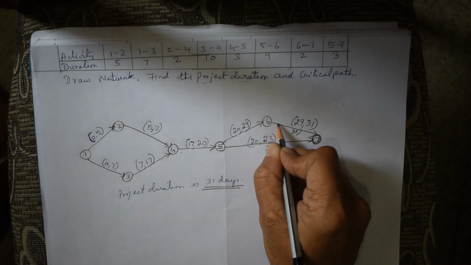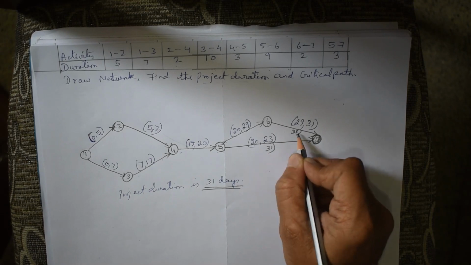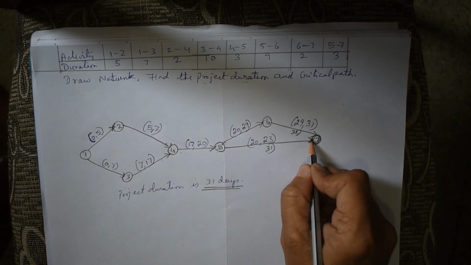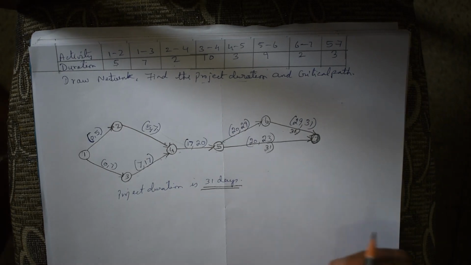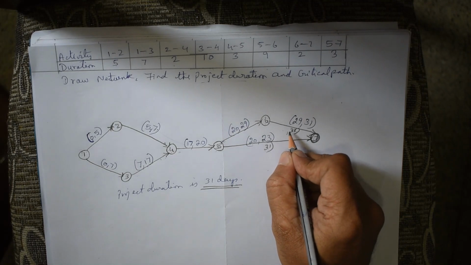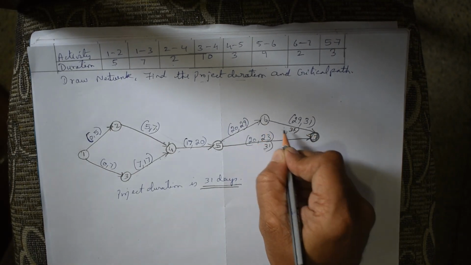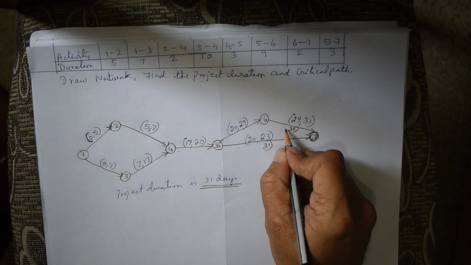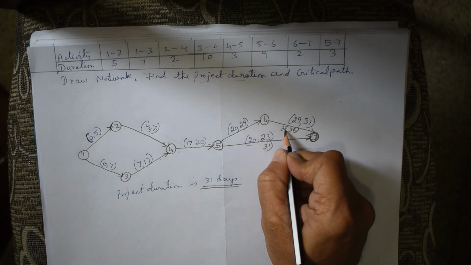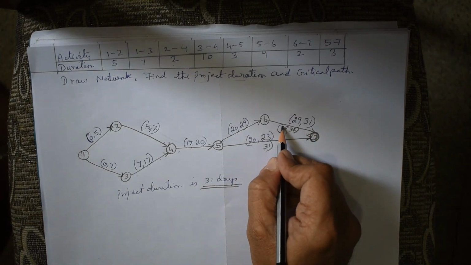So whichever activity ends at 7, the ending time is 31 in those activities, which means for 6 to 7 my ending time is 31, for 5 to 7 my ending time is 31. Now we are going to subtract the duration and find the starting time or commencement time of that particular activity, which means from 31, 6 to 7 the duration is 2. If I subtract 2, my commencement time of activity 6 to 7 is going to be 29.